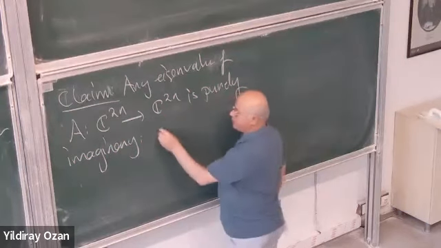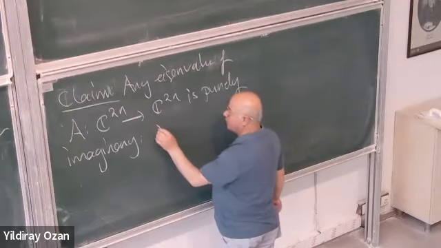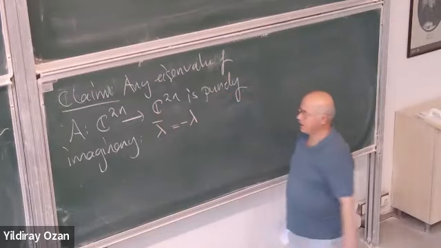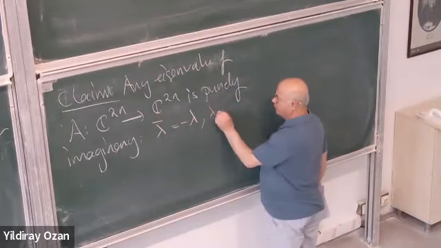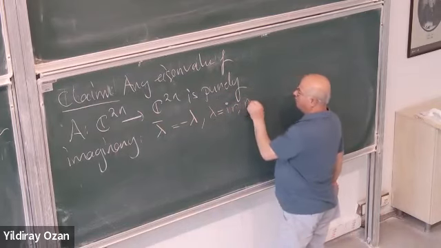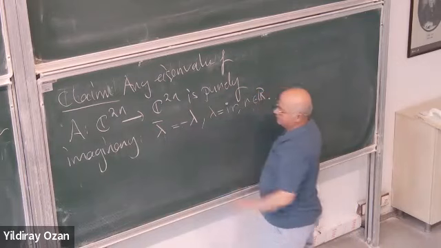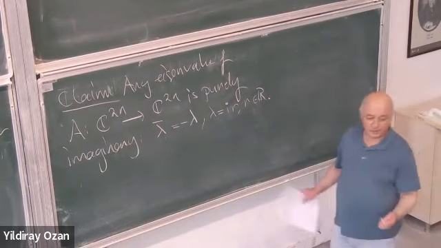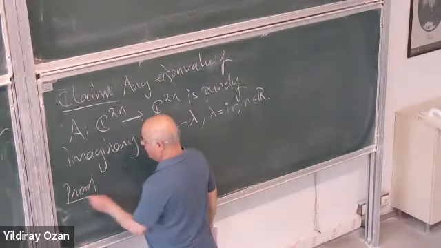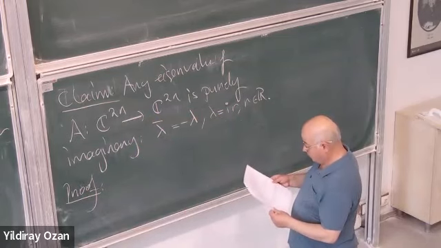So what we mean is, if lambda is an eigenvalue, then its conjugate is just its negative, or it is something like i times r, where r is a real number. So purely imaginary means this. What is it? Well, this is easy.